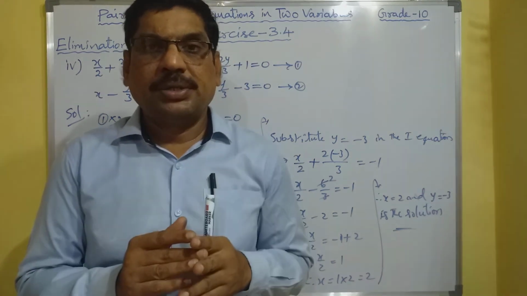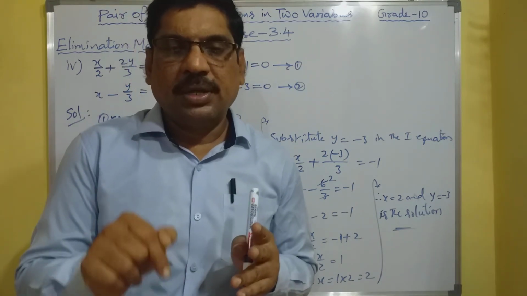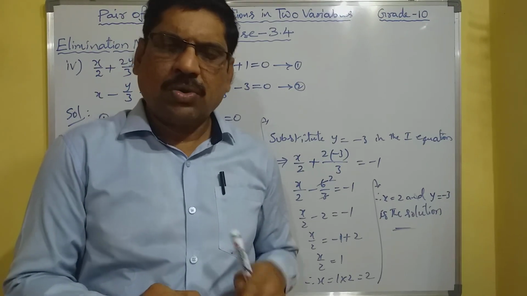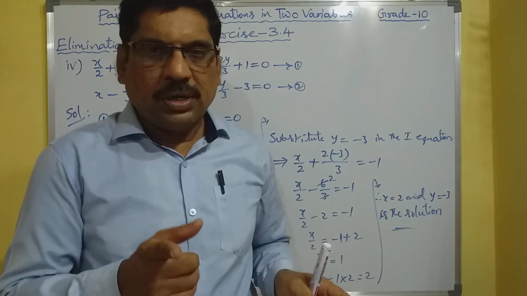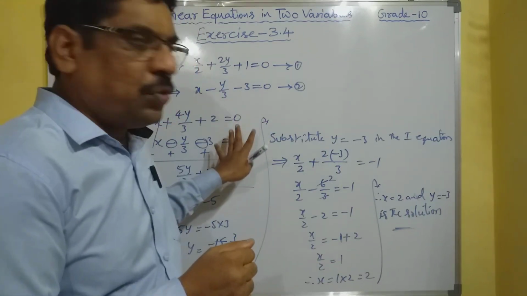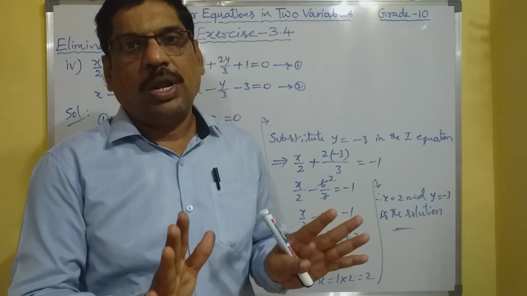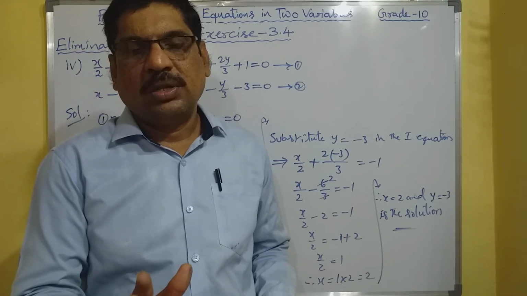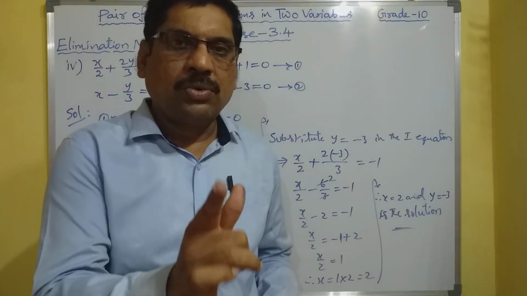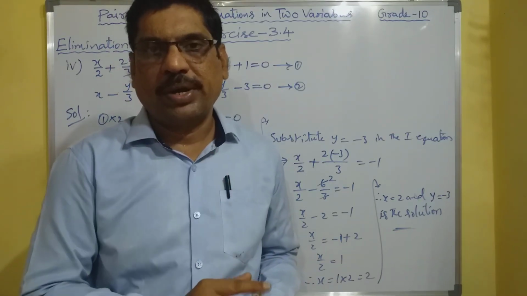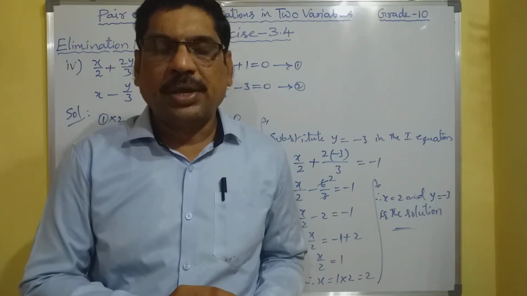Okay, but there is another method that is called cross multiplication method. We are going to learn that one also. As I told you, these 4 problems, today I explained 4 problems. I solved them only by using elimination method. All those 4 problems we have to solve once again by using substitution method as homework. Okay, thank you. Have a nice day.